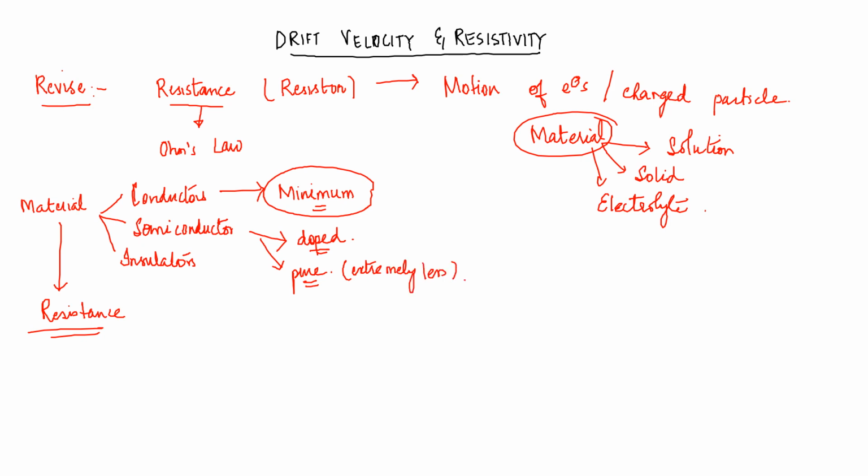Now the insulators are extremely resistant towards the flow of electrons or charged particles, so they provide maximum resistance. Now we will study all these cases in a particular material.